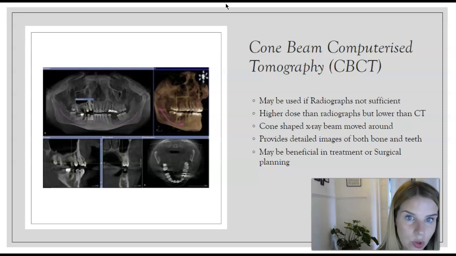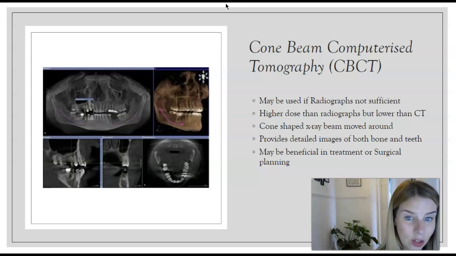So they can use cone beam CT, which is essentially just a cone beam shaped X-ray beam that will move around the mouth. It is higher in terms of dose than, say, an X-ray, but lower than normal CT.